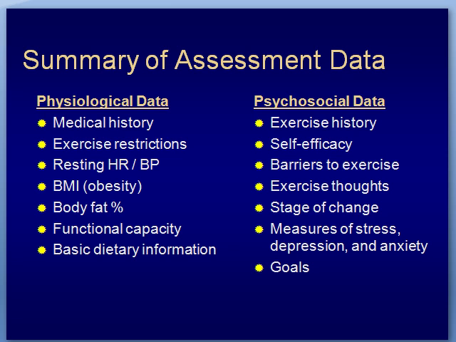I highly recommend that anyone who's a fitness professional get some sort of baseline measure of fitness, even if it's a simple walk test, a step test, a push-up, sit-up test. You've got to have some baselines to give them feedback on. And then we get a lot of the psychosocial stuff in between surveys and also in the interview.